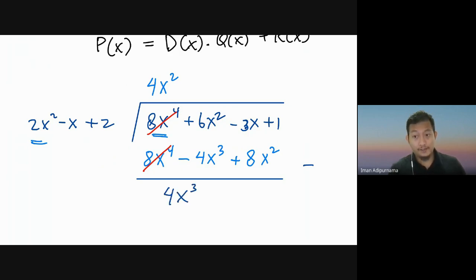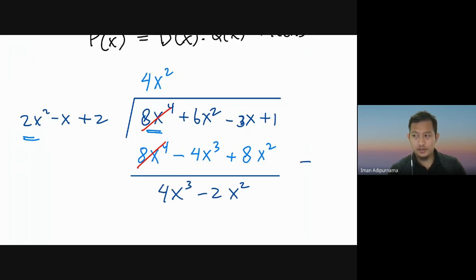Then 6x squared minus 8x squared is minus 2x squared. And then we have minus 3x, and then plus 1.